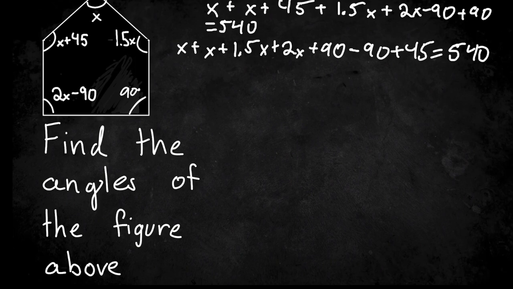If you see here, we have added 90 and subtracted 90, so that equals 0.